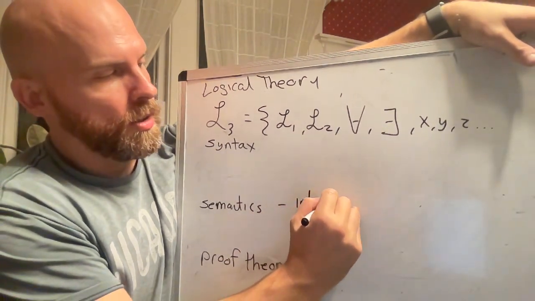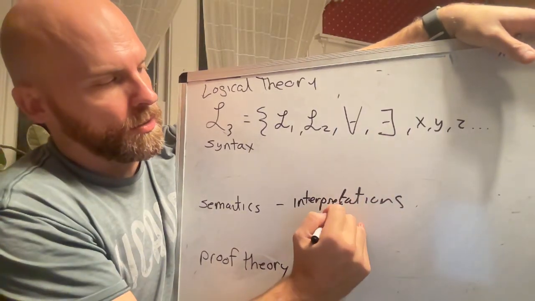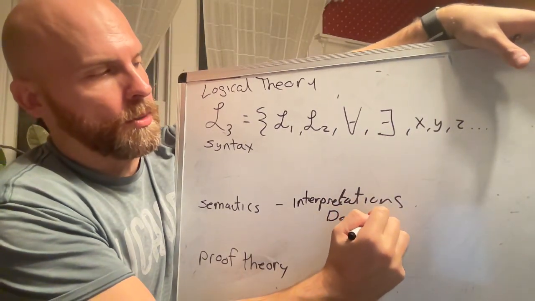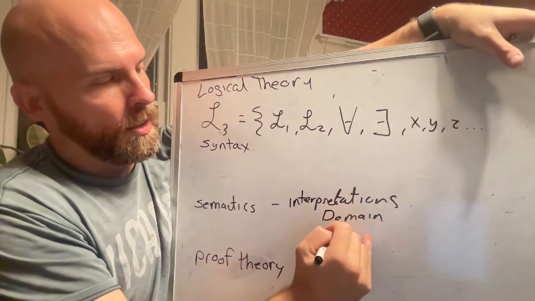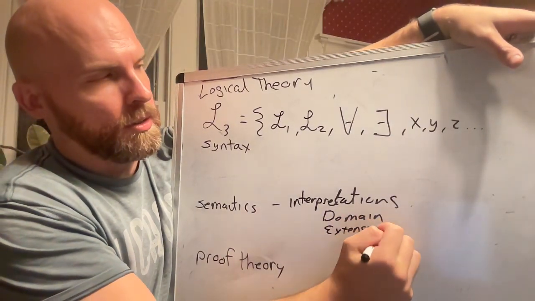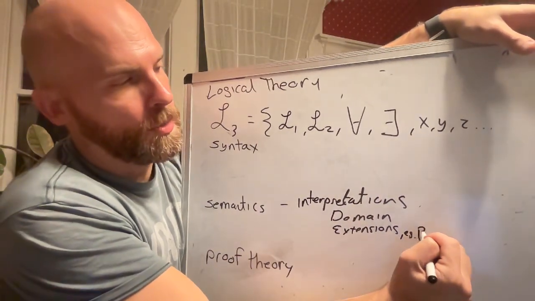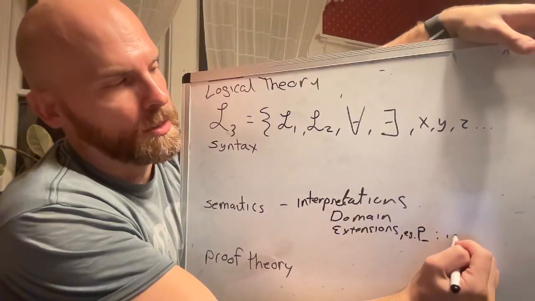Interpretations consist of content of the following sort. We identify a domain, and we identify extensions of our predicates, so things like, e.g., P one place means is a parrot.